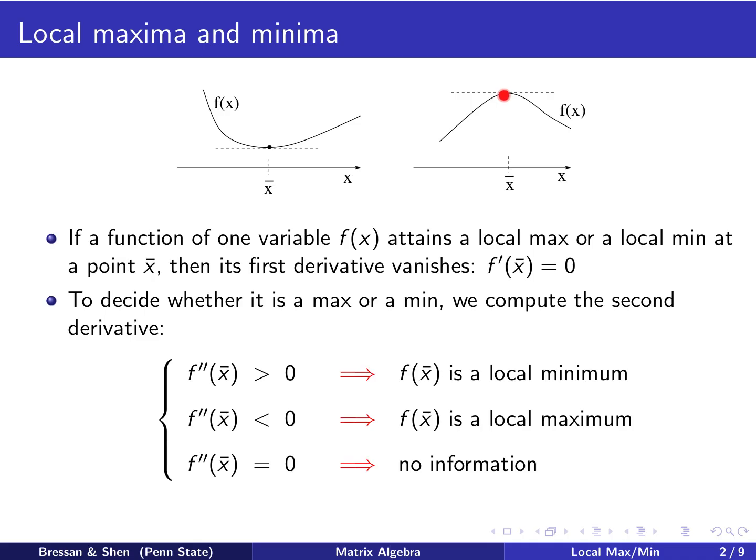And when you have a local maximum, then the derivative here is positive and then passes 0, and then here becomes negative. So it's decreasing, and therefore the second derivative is less than 0. So the next step we're interested in is that if the function depends on multiple variables, what can we say?